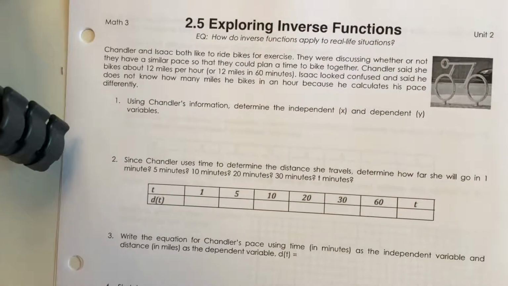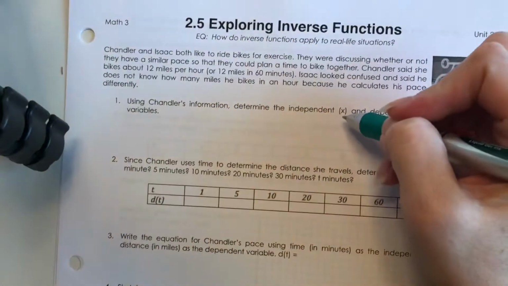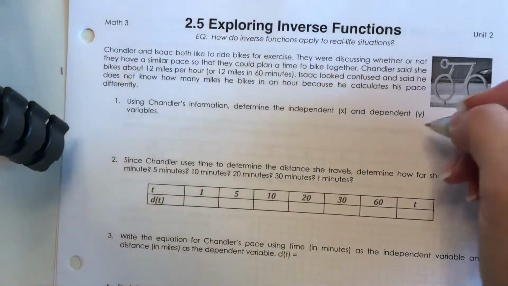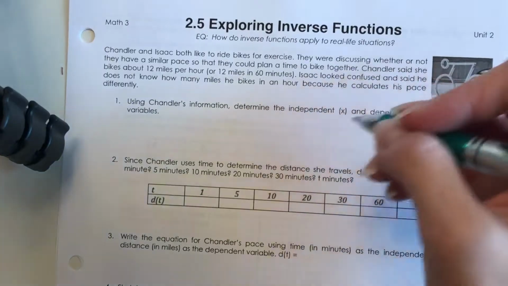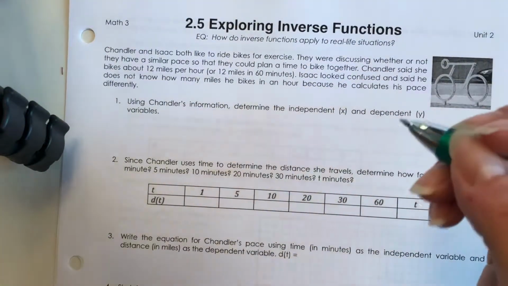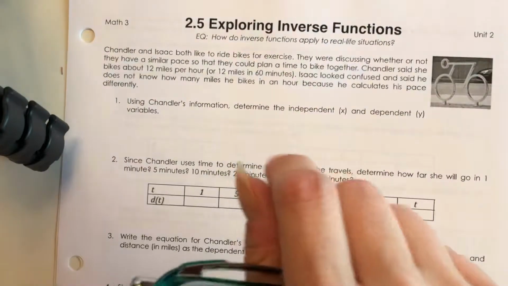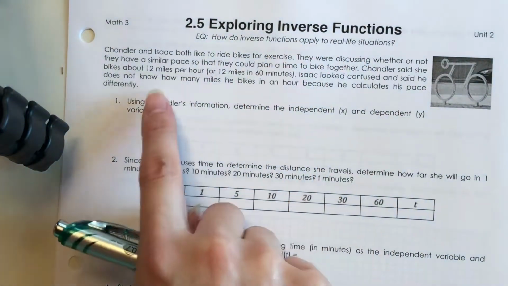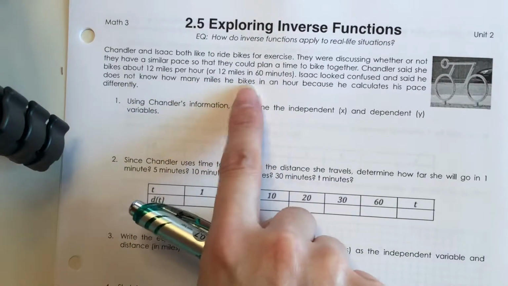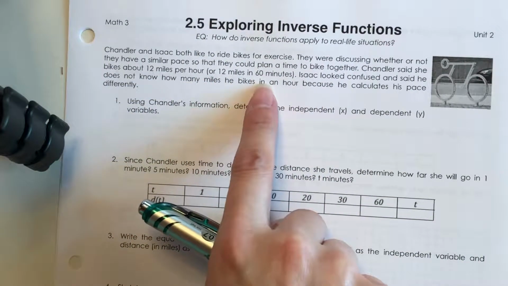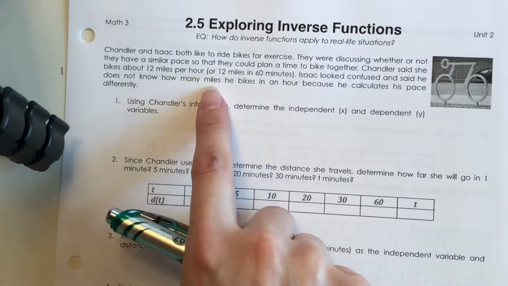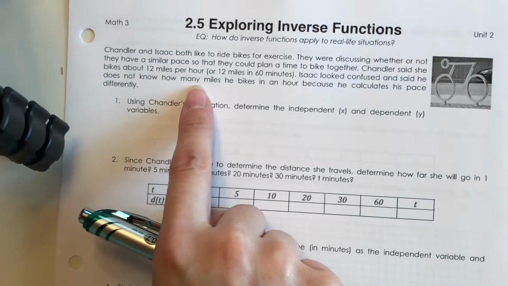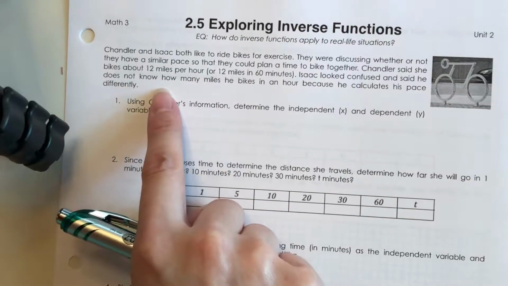Okay, so independent, of course, is going to be the one that guides the dependent variable. The dependent variable is going to be based on what the independent variable does. So here, Chandler said she bikes 12 miles per hour, or 12 miles in 60 minutes. So you've got time and you've got distance. And measuring it in terms of miles per hour, the time is going to dictate the distance.